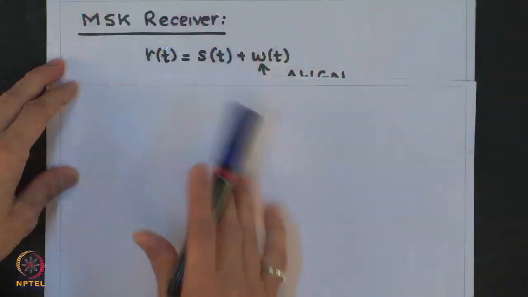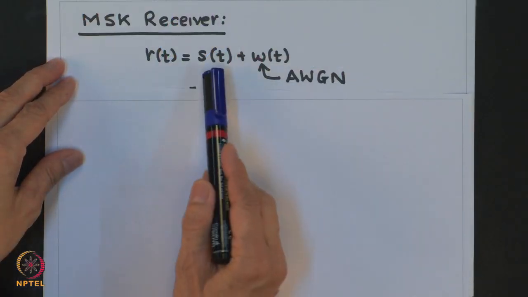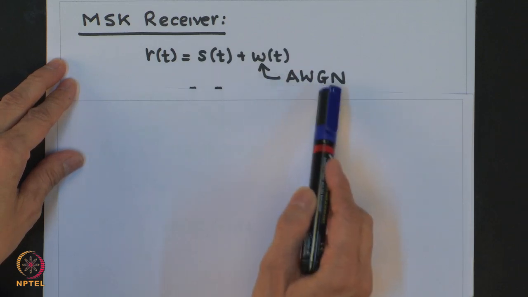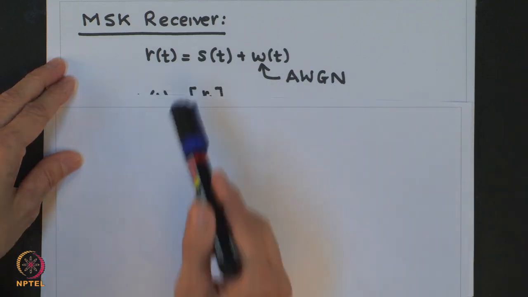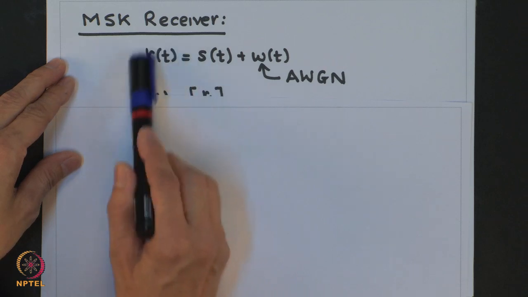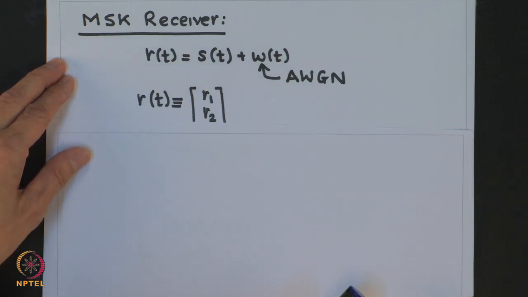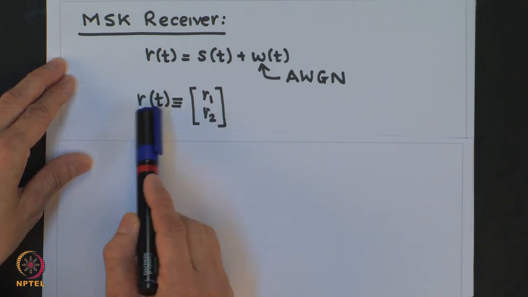Now let us try to derive the MSK receiver. Our received signal R(t) is composed of the input signal S(t), which is the MSK wave, plus W(t), which is additive white Gaussian noise. So the first thing we do is project R(t) onto the vector space using the basis signals phi 1 and phi 2.